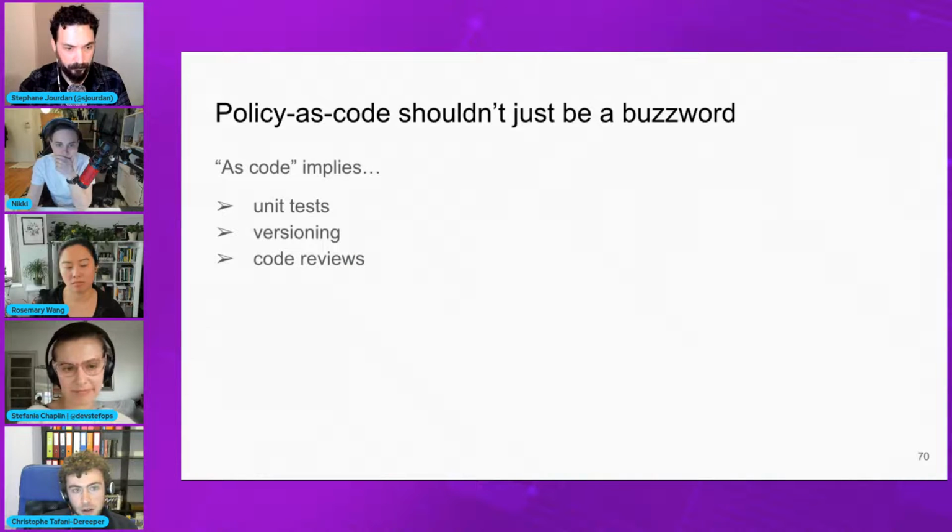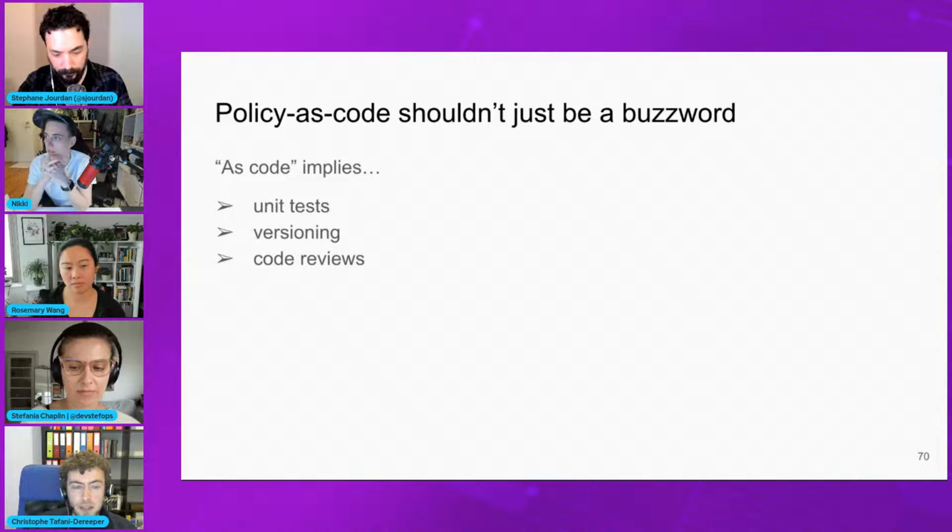Also a quick remark about these checks. When we say custom checks, it's really policy as code, and it shouldn't just be a buzzword, because as code also implies that we need to test it. Typically, it's super useful to have a unit test next to our rules. If we write it in Python, we can use PyTest, for instance.